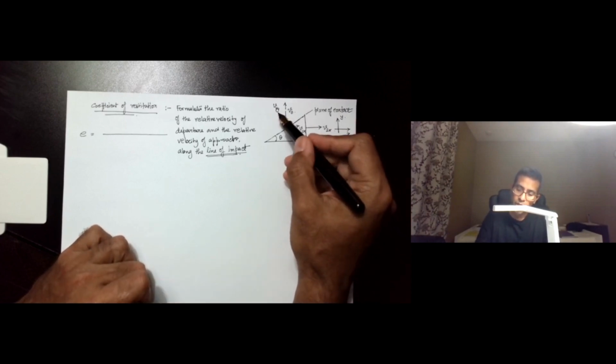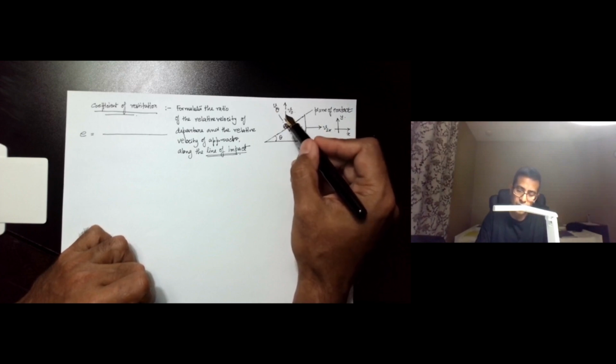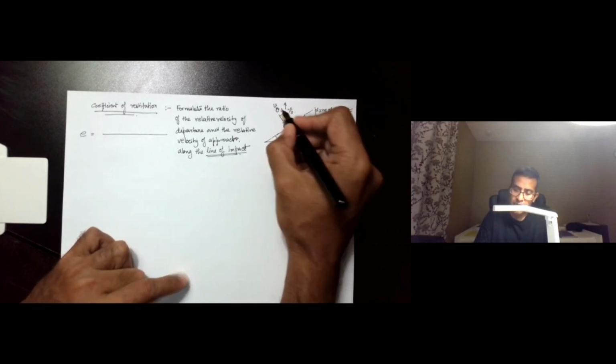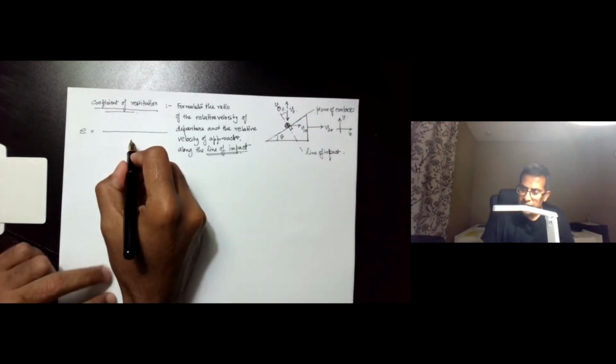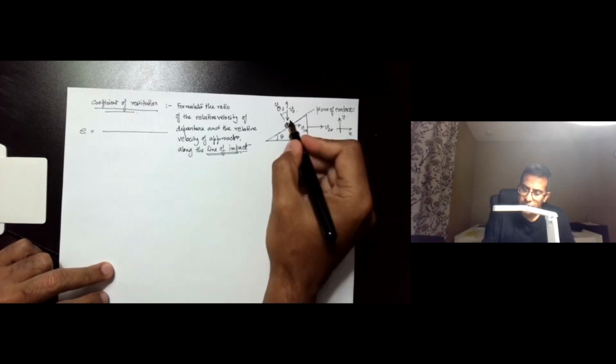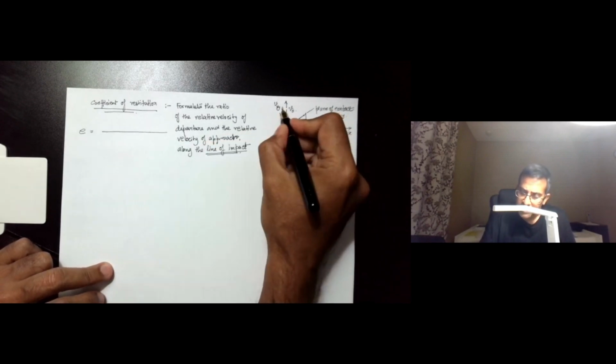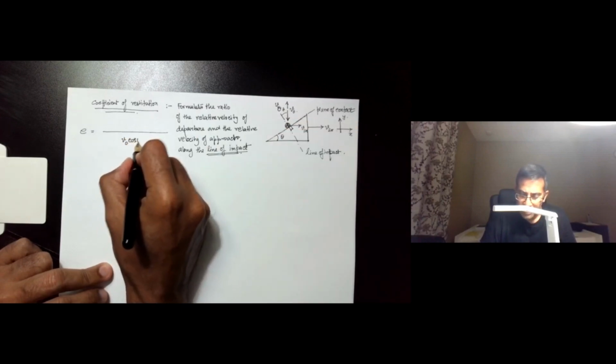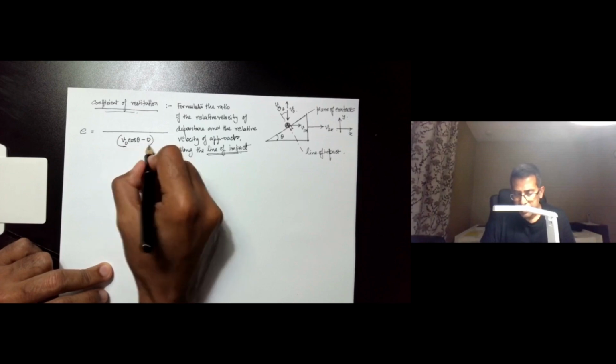So in fact, the relative velocity of approach is going to be the component of the velocity of this particle along the line of impact. So v0 cosine theta, because from trigonometry, this angle is going to be equal to theta. So the relative velocity of approach is going to be v0 cosine theta minus 0, and that is the velocity with which the particle is approaching the inclined plane.